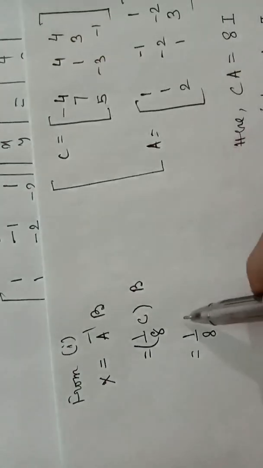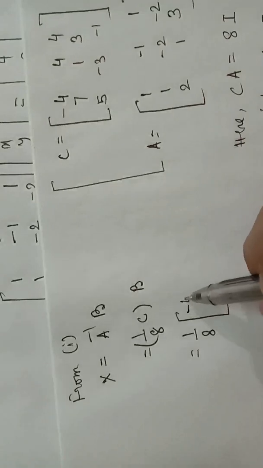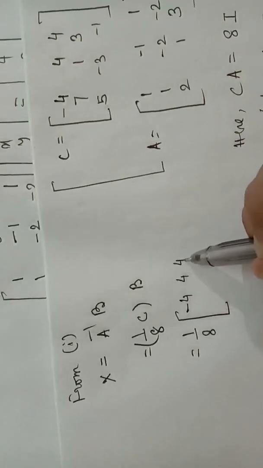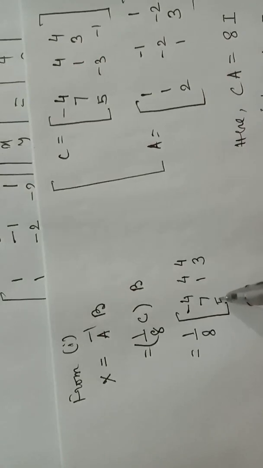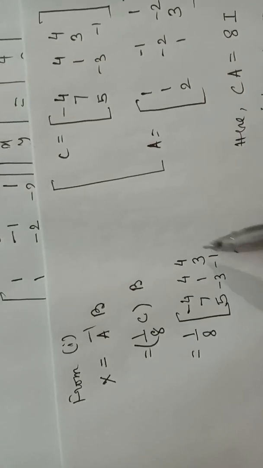The matrix C is this: minus 4, 4, 4, 7, 1, 3, 5, minus 3, minus 1.